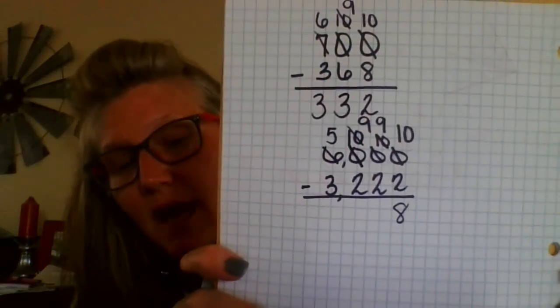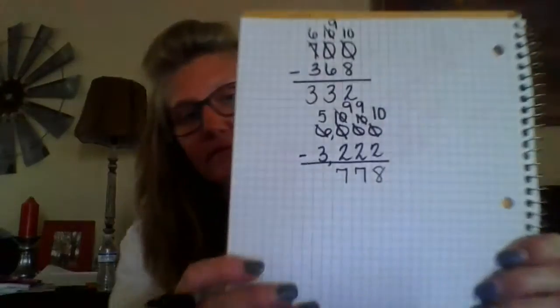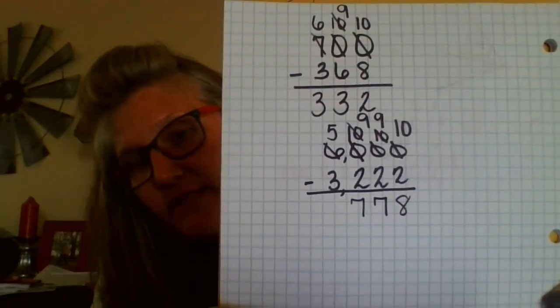Then I go to my tens place. My tens place has 9 minus 2. Well, 9 minus 2 is going to give me 7. Then I have another 9 minus 2. Well, I just did that. I know that's 7.